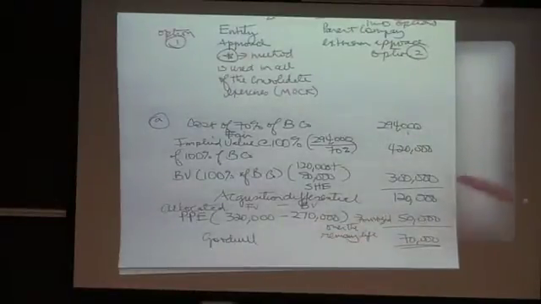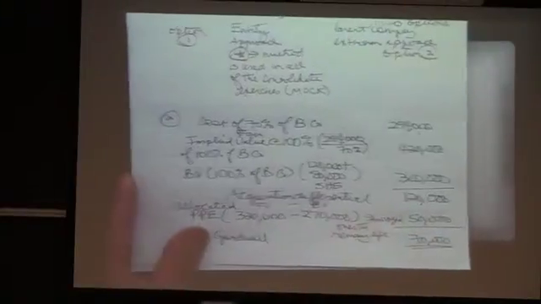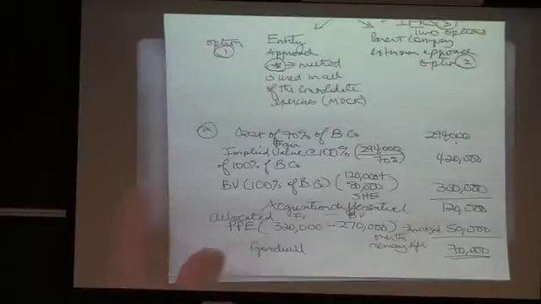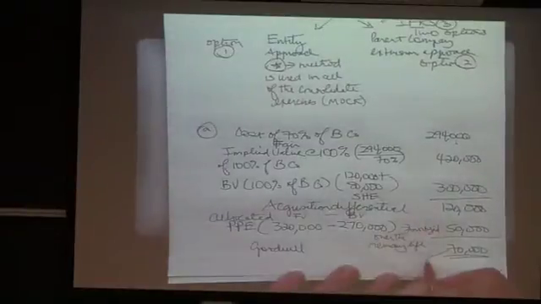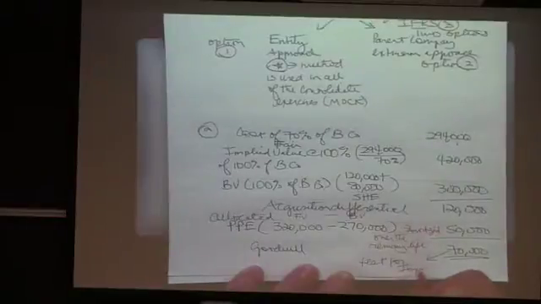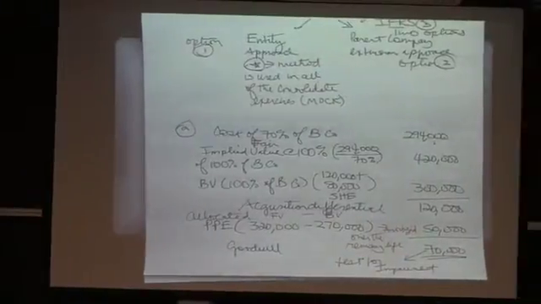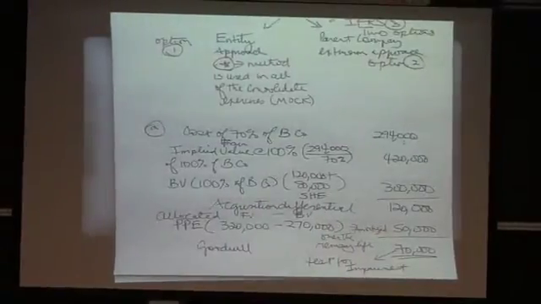In future questions, we're going to take this acquisition differential of 50 and amortize it over the remaining life of the property, plant, and equipment. In addition, we're also going to test this for impairment in future years. Okay? So now let's do the consolidated statement.